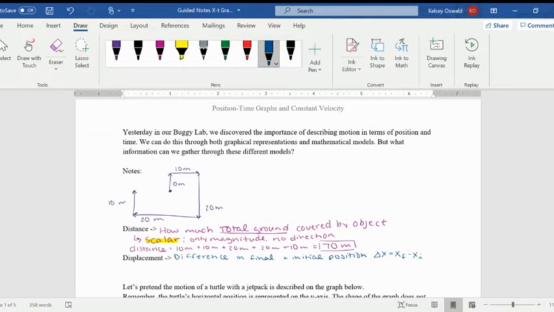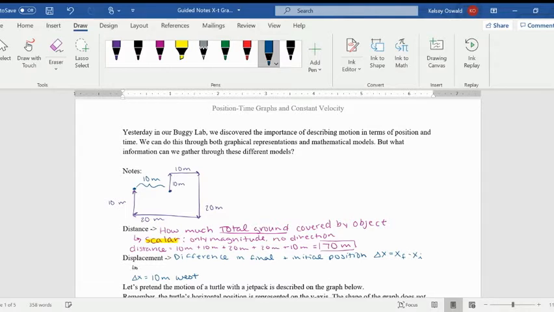So if we look at our example here, we just want to see how far our object ended compared to where we started. Vertically, it's at the same position. It's only going to be 10 meters to the left. Okay, so our displacement in this example would be 10 meters west or 10 meters to the left, because we end 10 meters left of where we started.